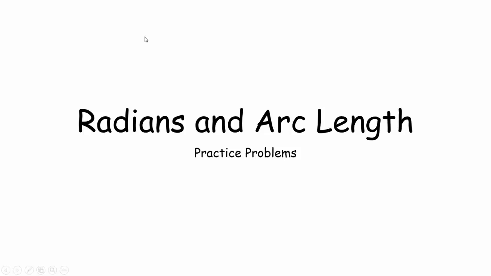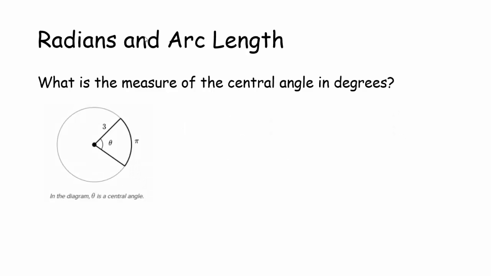Hello, let's do some problems involving arc length. You'll face a lot of problems on Khan Academy involving arc length, central angles, and the radius of a circle. The key idea to keep in mind is that the arc length is always equal to the central angle times the radius of the circle.